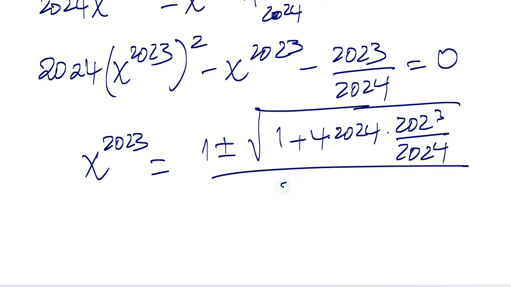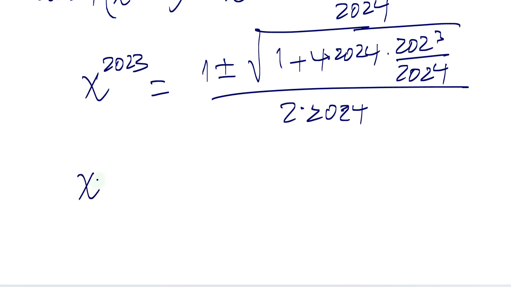And all divided by 2 times 2024, right? So this is, oh my god, let me erase this. This is not okay. So 2024.